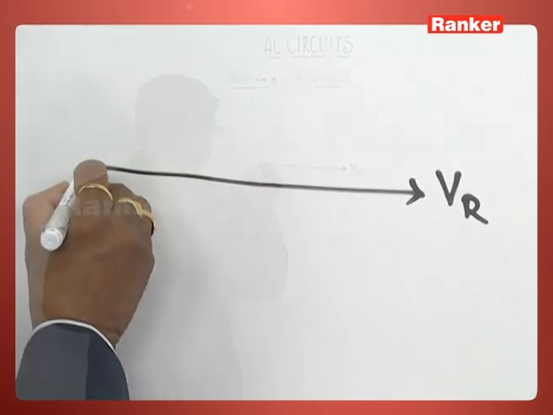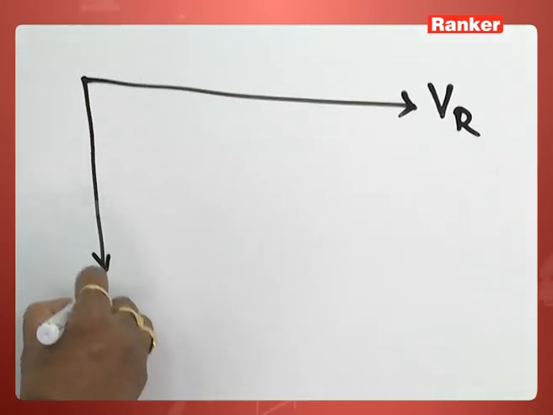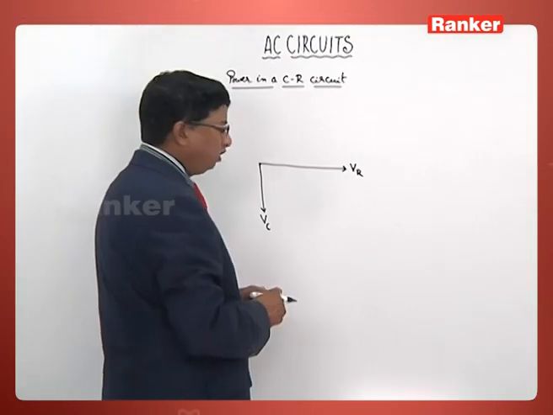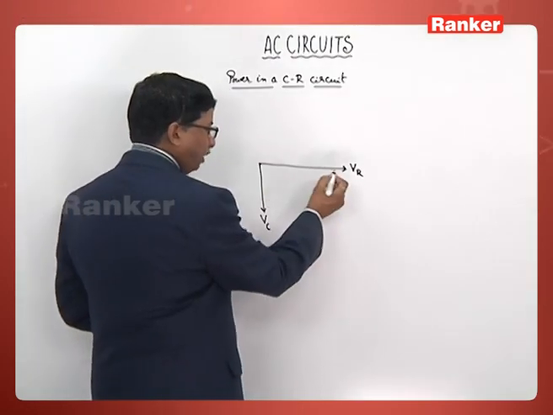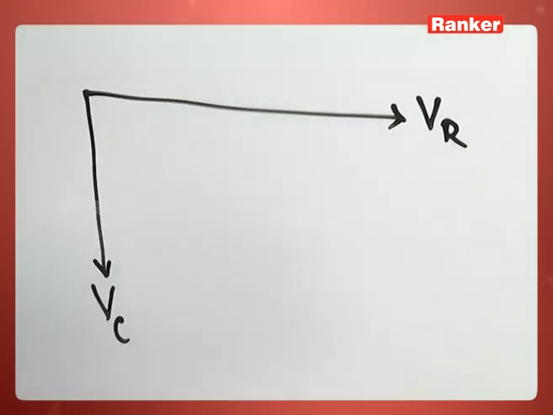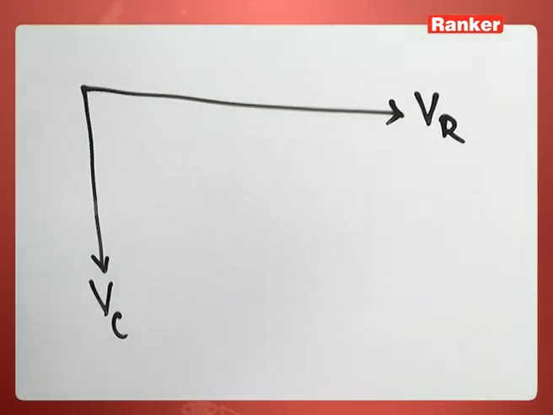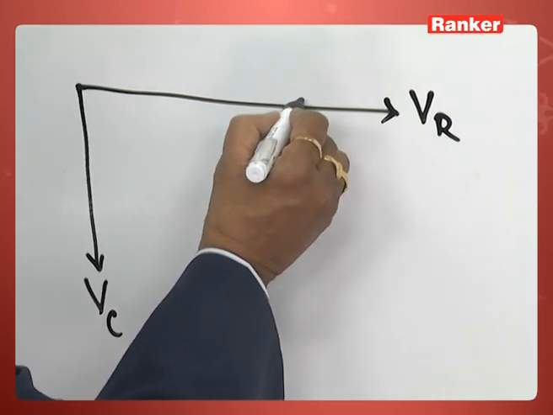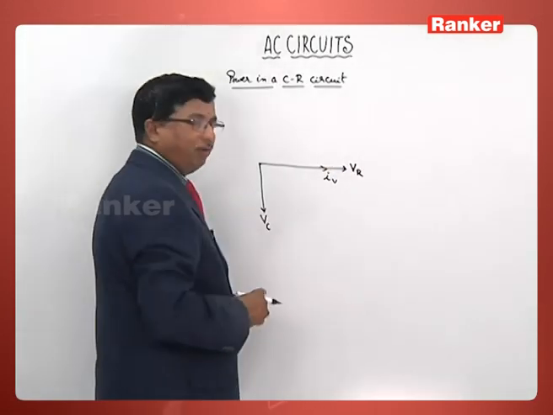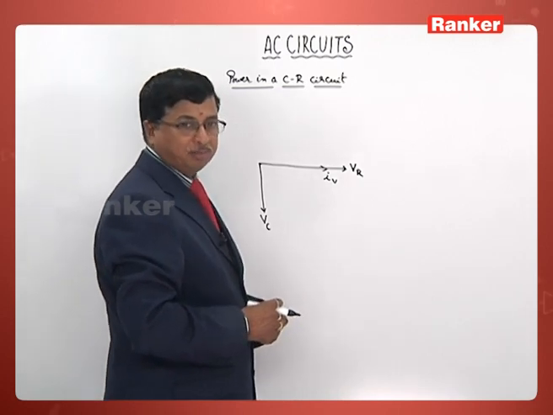Then the potential difference across the capacitance will be downward. The moment we take this as the direction of potential difference across the resistance, along the same direction we will find the virtual value of electric current.